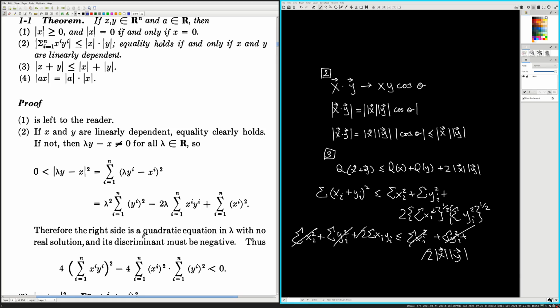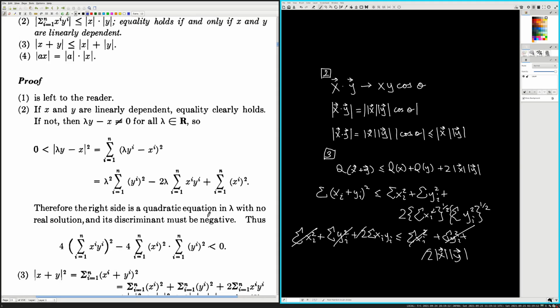Right, because this is not equal to 0 and it's strictly positive. He's switching to quadratics here.